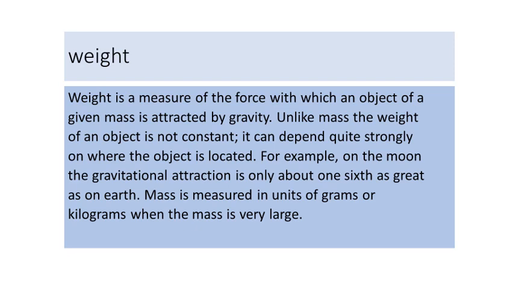It can depend quite strongly on where the object is located. For example, on the moon, the gravitational attraction is only about 1/6 as great as on Earth. Mass is measured in units of grams, or kilograms when the mass is very large.